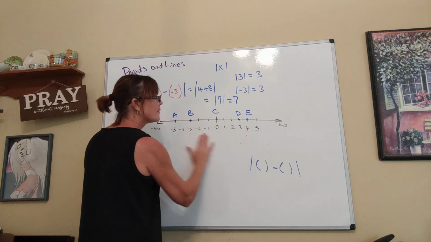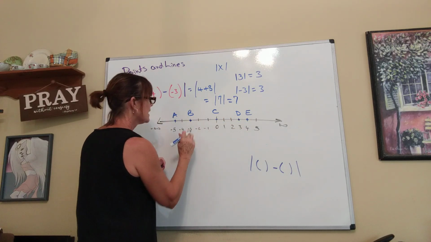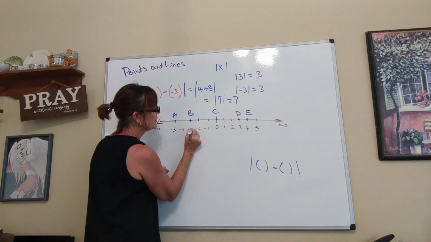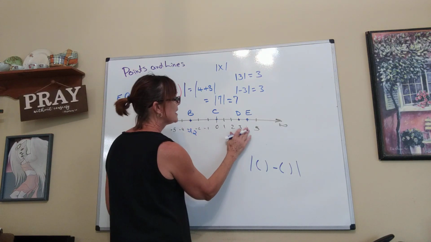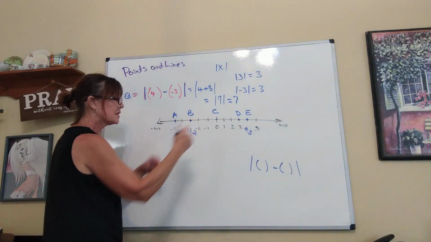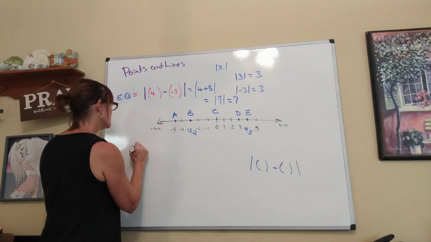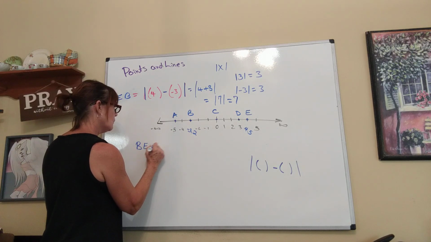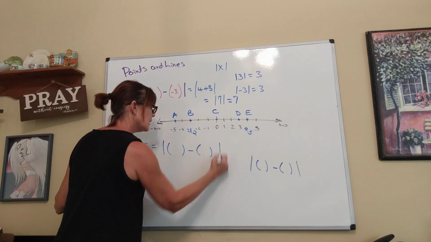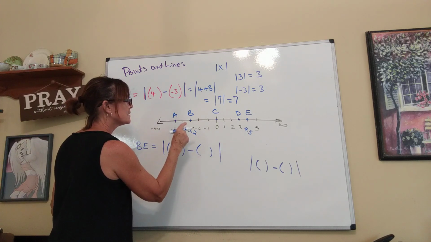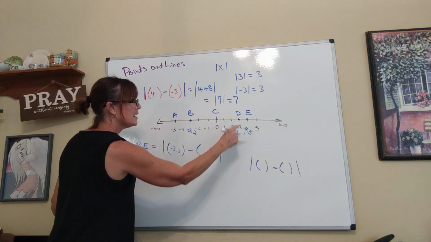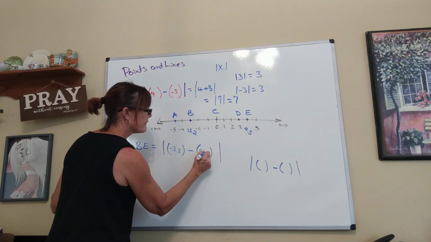So now I'm going to make it yucky. Let's make B not at negative 3, but negative 3.2. And let's make E not at 4, but at 4.5. Okay, just pretend like that's the truth. What is the distance from B to E? Well, it's going to be B minus E in absolute value. So B was negative 3.2. And E was 4.5.